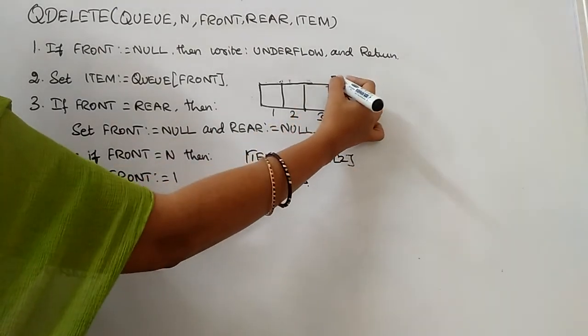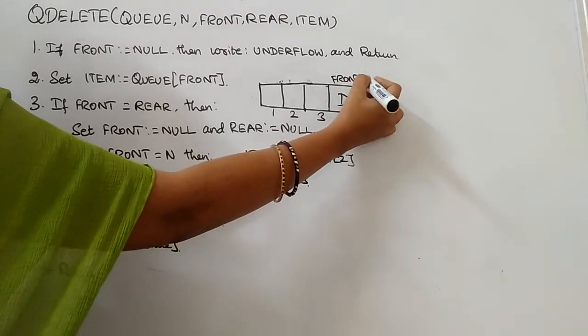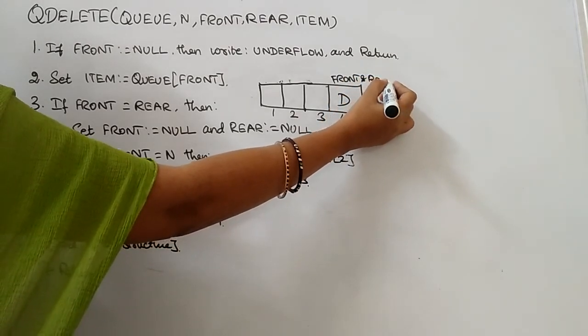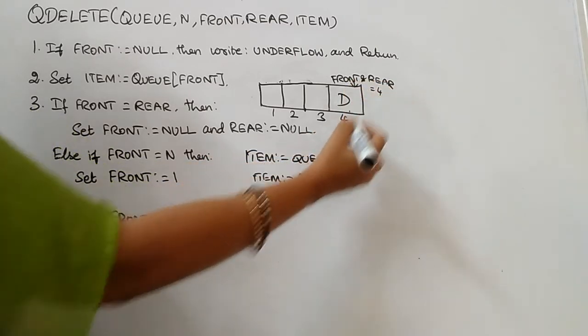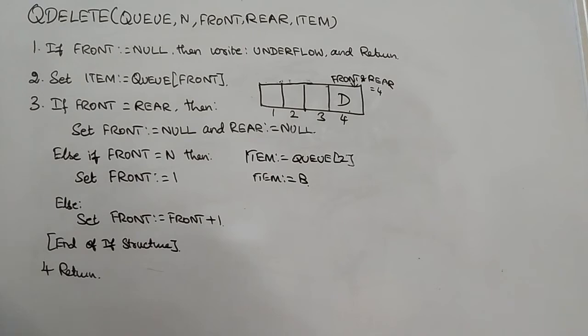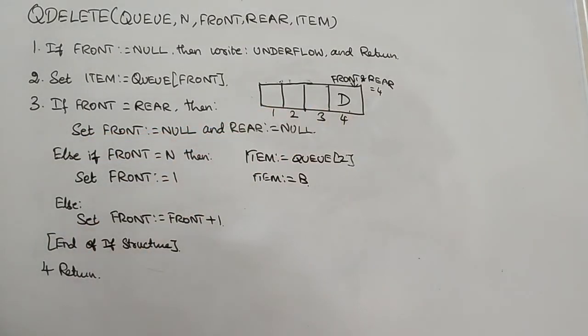Then front and rear are both equal to 4, because both pointers are pointing to the variable D. So front is equal to 4 and rear is also equal to 4. In such cases, your program control comes to the else if.